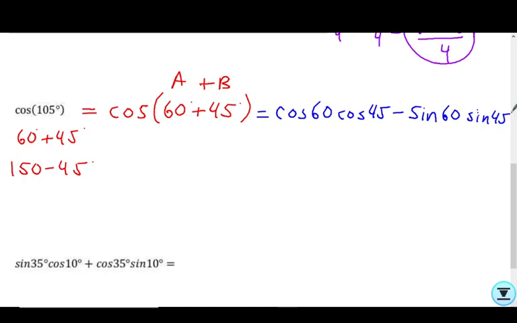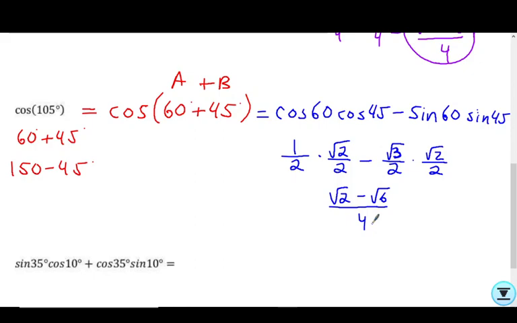And now again, we just use our unit circle to help us out. So cosine of 60 is 1/2. Cosine at 45 is the square root of 2 over 2. Minus sine of 60, which is the square root of 3 over 2, times sine of 45, which is root 2 over 2. Which gives us the square root of 2 minus the square root of 6 over 4, which is very similar to our last answer.